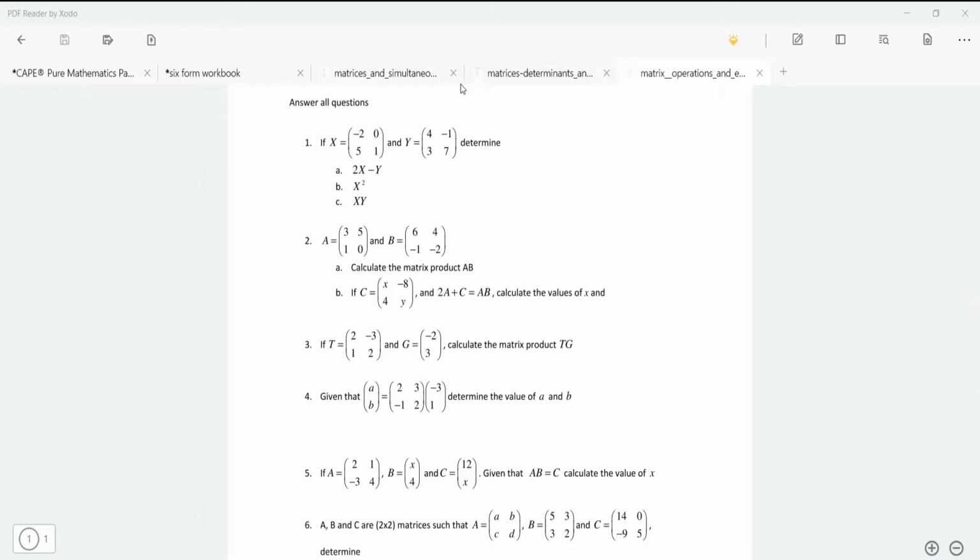So I tell you that if X is minus 2, 0, 5, 1, so they give you this matrix. This is X. X is minus 2, 0, 5, 1. And then they give us another matrix Y, and they tell us that Y is equal to 4, minus 1, 3, 7.